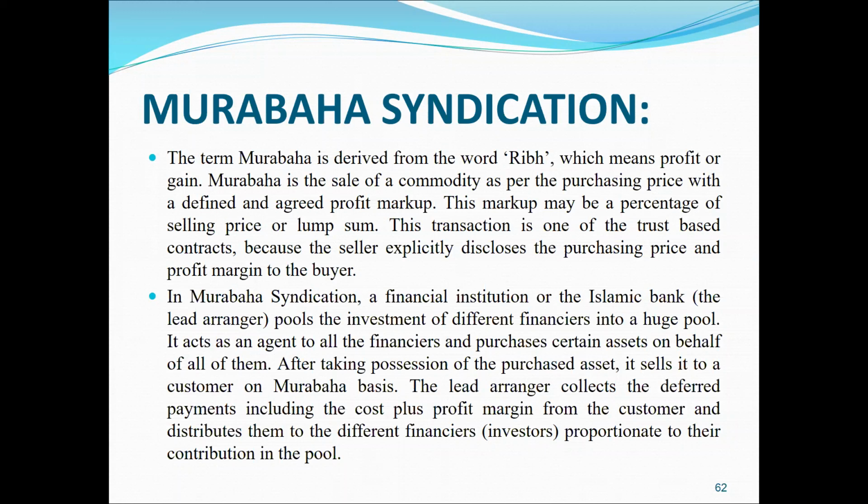After taking possession, it sells to a customer on a murabaha basis. The lead arranger collects periodical payments, and that periodical payment with the profit will be shared with you.